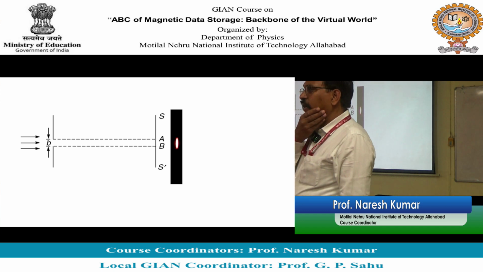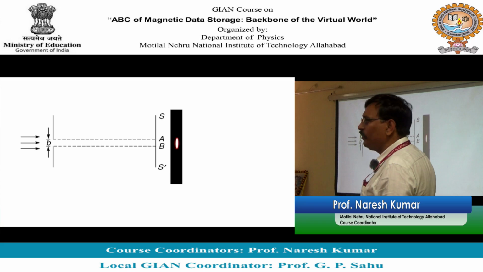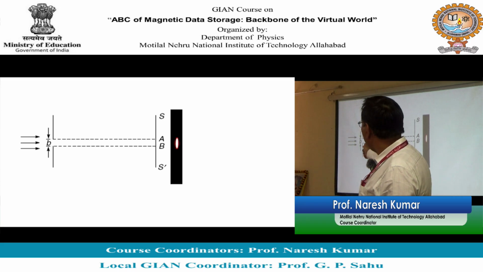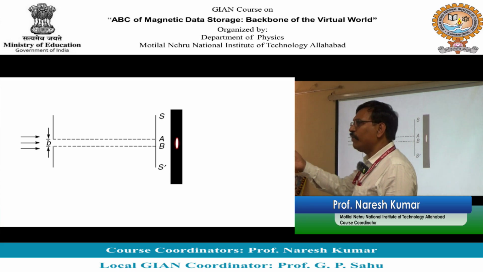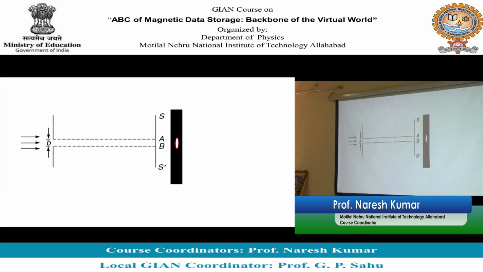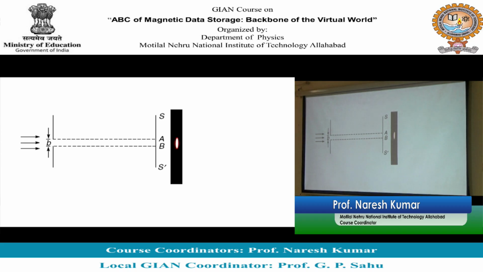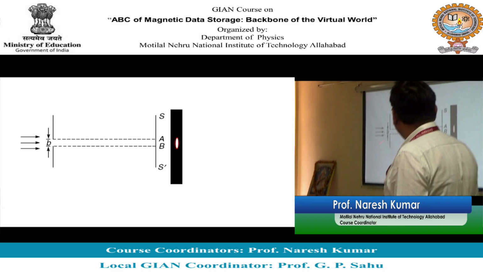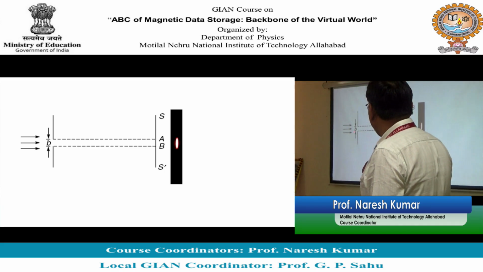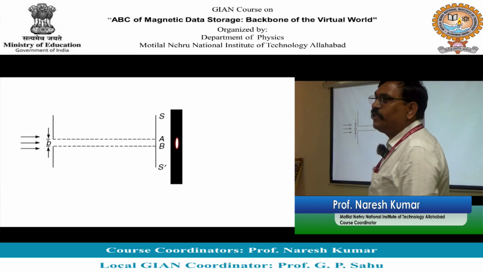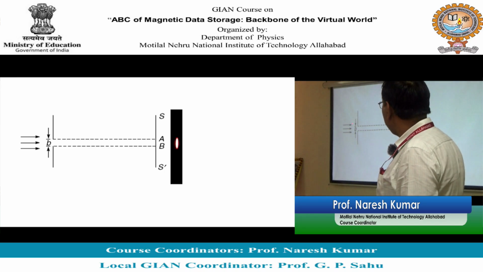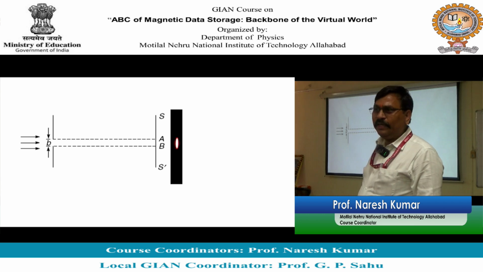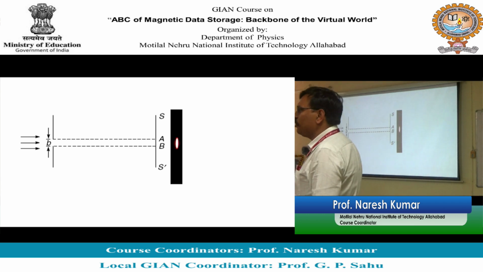So if you see this picture, what is this picture? In this picture, I took one slit, a single slit, and just opposite to it we place some source of light, and I am saying it's a monochromatic source of light.